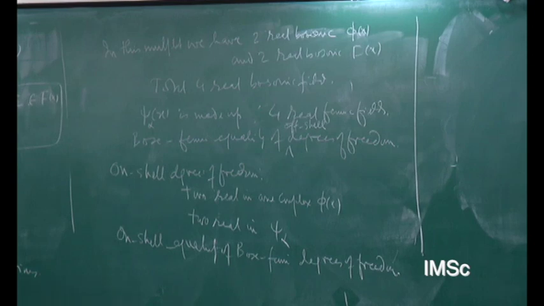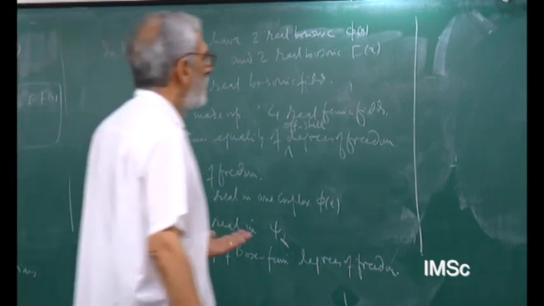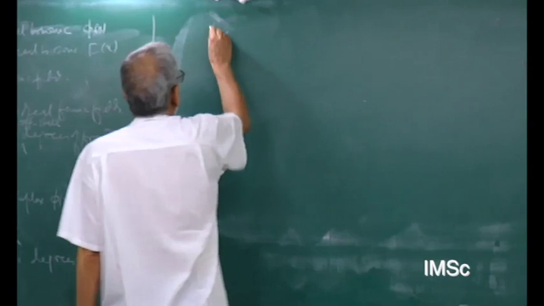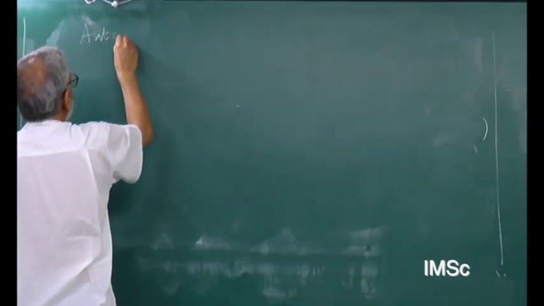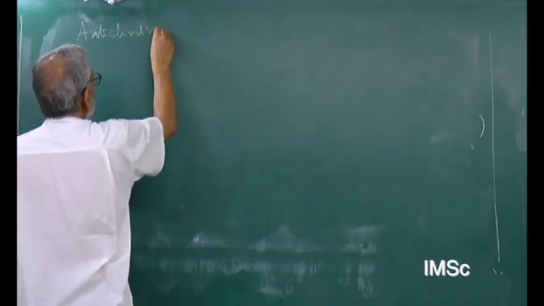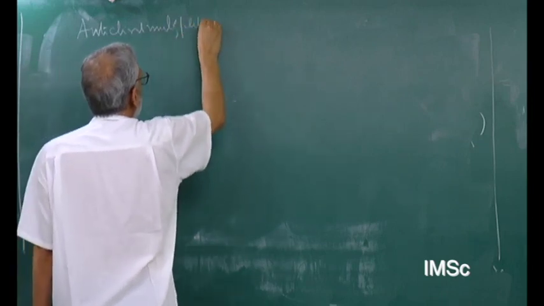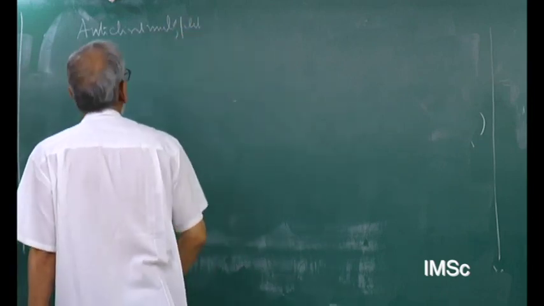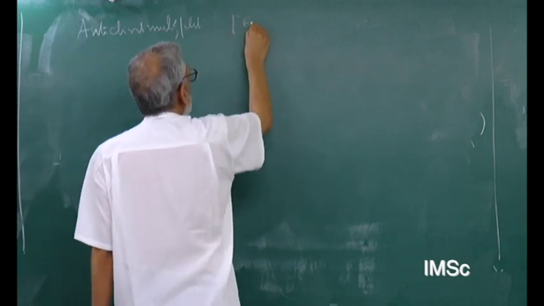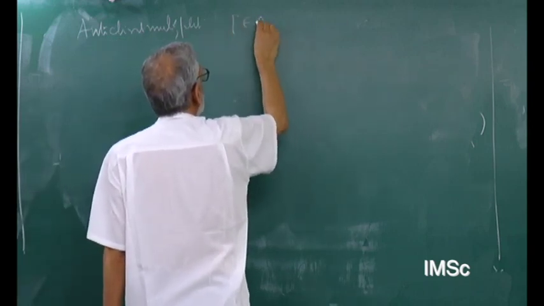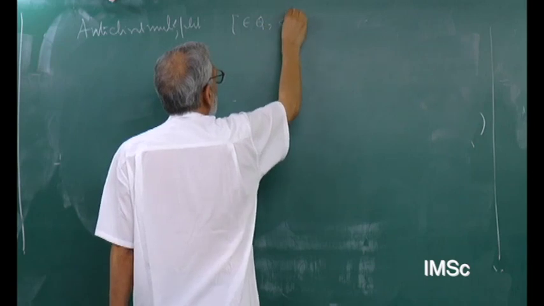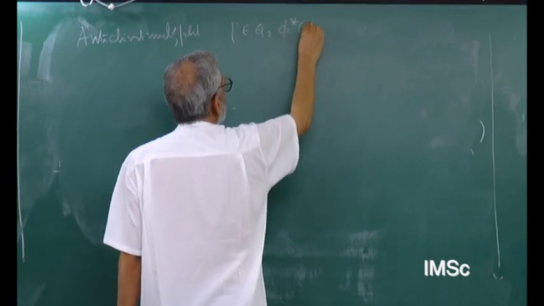Now I could do the other way around. Take an anti-chiral multiplet, one with epsilon Q acting on, let me give it a name, phi star.